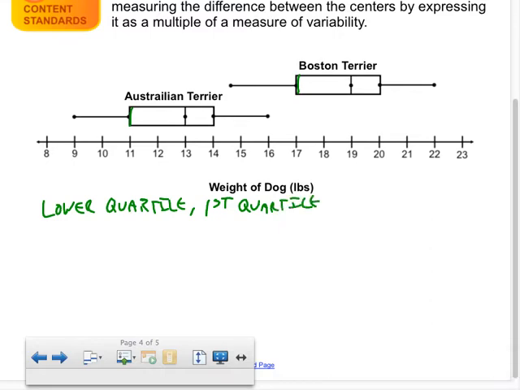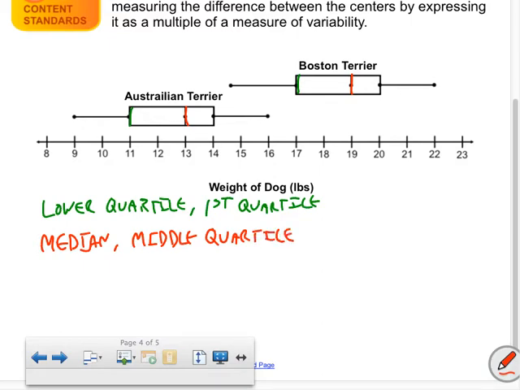All right, and then in red, what am I highlighting, or drawing in red over here? The median. That's the median. And it also has another name. The middle quartile, very good. And then in blue, I have my other side of my box. What is that called?